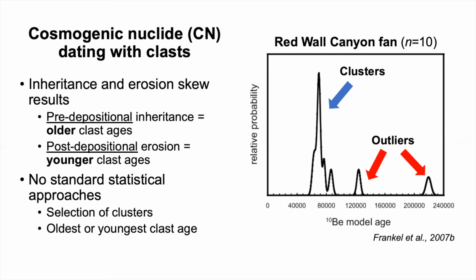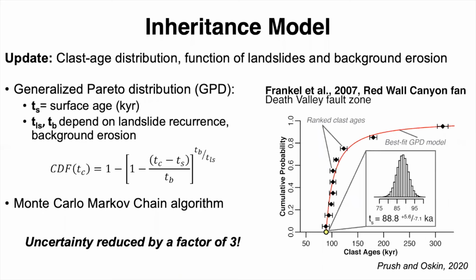In 2020, we published a model for clast age distributions that accounts for the contribution of landslide and background erosion to the observed spread of clast ages. Our model demonstrates that clast age distributions can be modeled using a 3-parameter generalized Pareto distribution, or GPD.